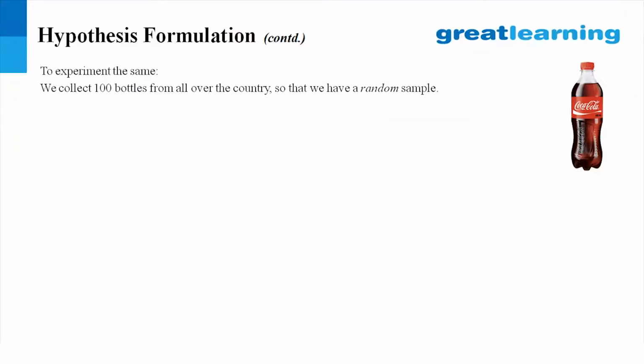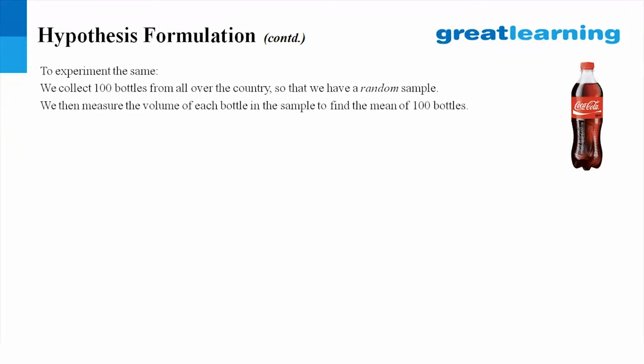That is where the concept of inferential statistics will come in. So I'm taking 100 bottles from the entire country. I take some from some state, I take some from some other state. Overall I'm taking 100 bottles so that I get a random sample. Now I am taking the volume of each of these bottles to find the mean.